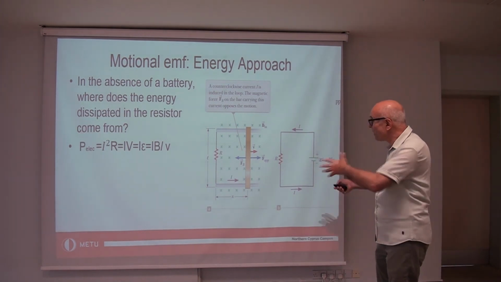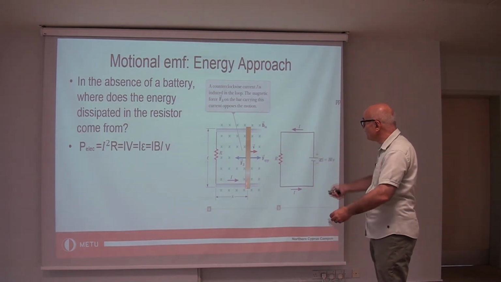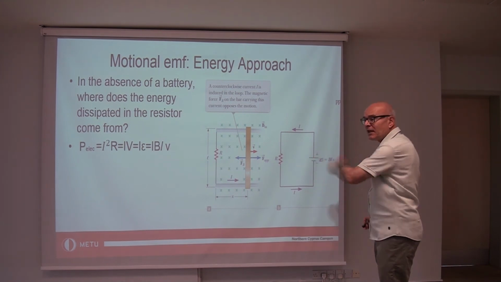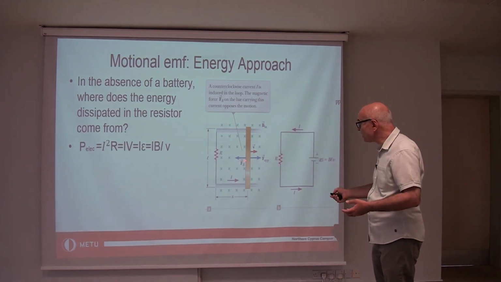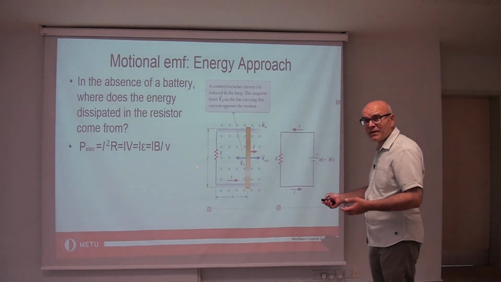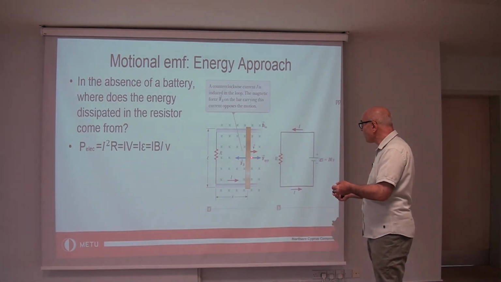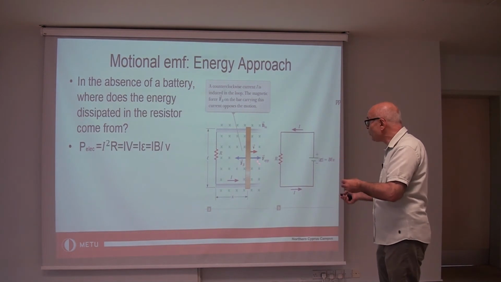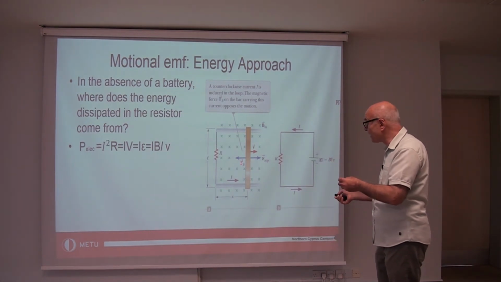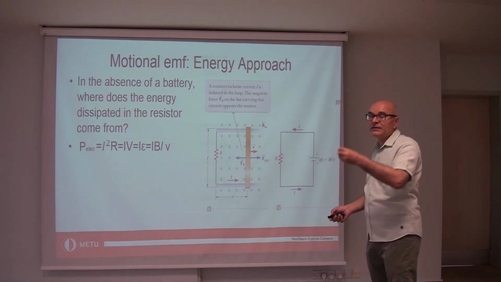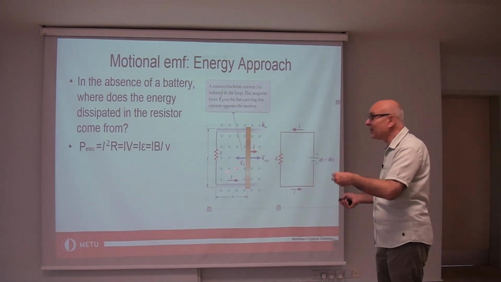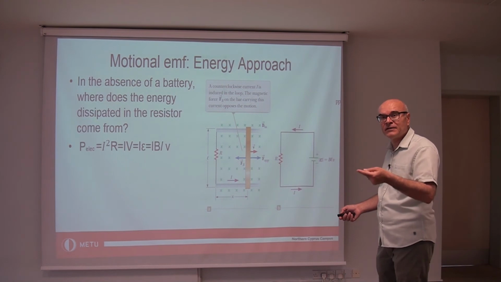When you try to move this in the absence of a magnetic field, and if you assume that you have friction here, any force will accelerate it. But in the presence of a magnetic field, no, because there is a magnetic force acting to the left. So you have to have an applied force to the right, equal and opposite to the magnetic force, so that you have this moving with the constant speed that you need.